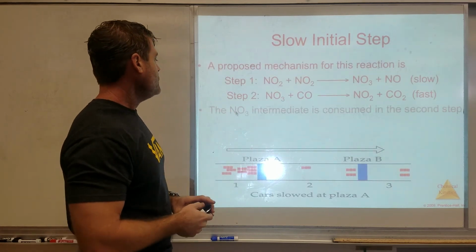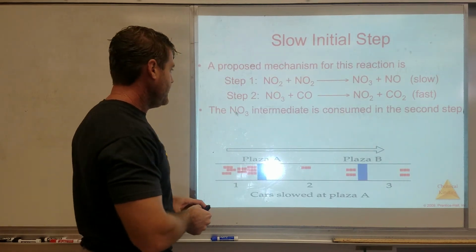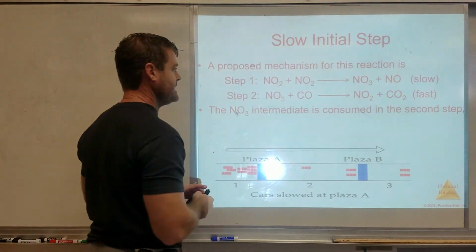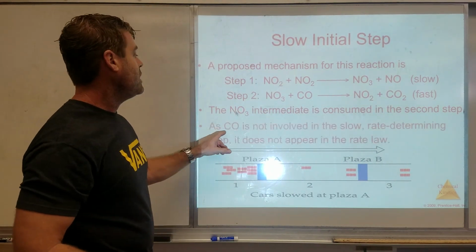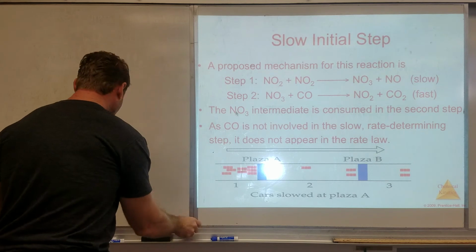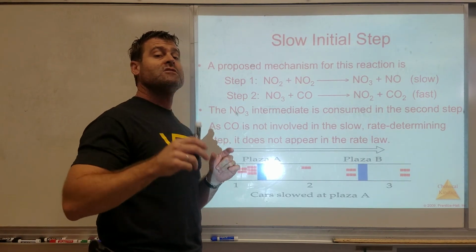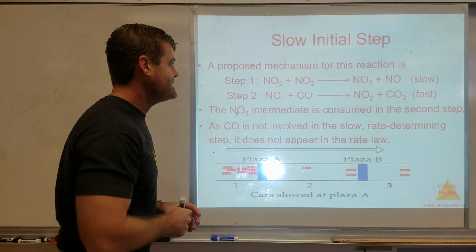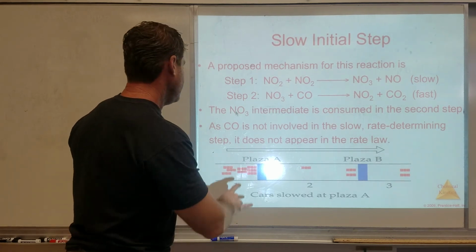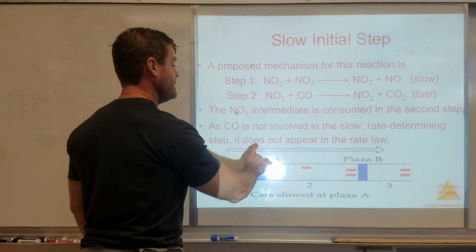So we see the NO3 intermediate is consumed in the second step, just like I said. And we always get our rate law from the slowest step. Remember, the slow step is called the rate determining step. So we see as CO is not involved in the slow rate determining step, it does not appear in the rate law.